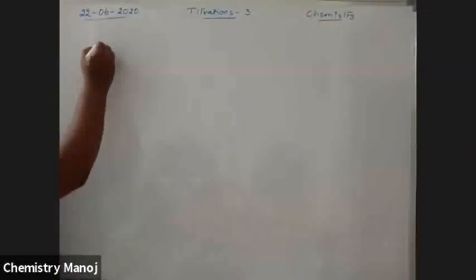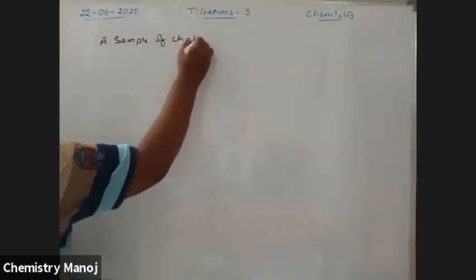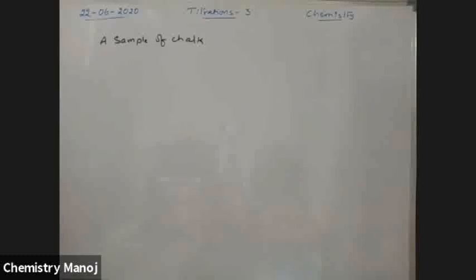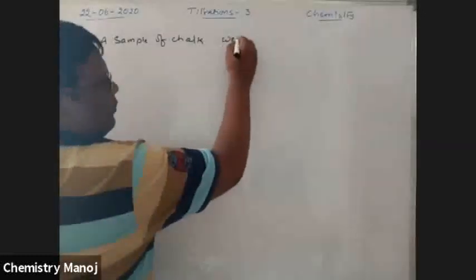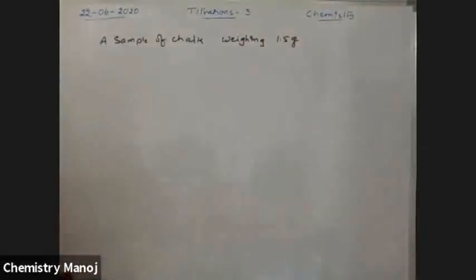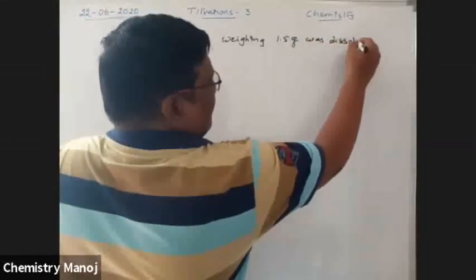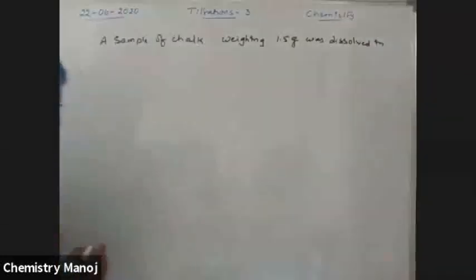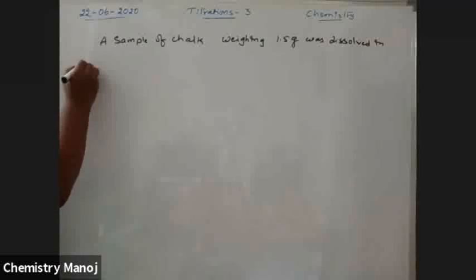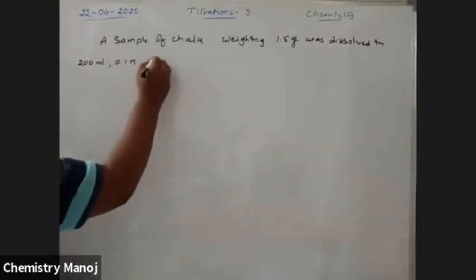A sample of chalk weighing 1.5 grams was dissolved in 200 ml of 0.1 M dilute HCl.